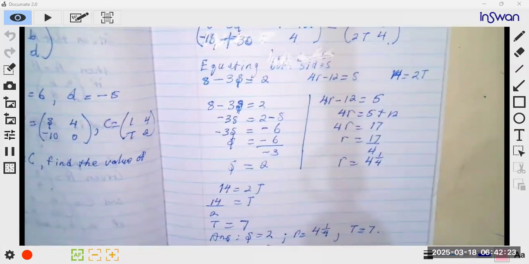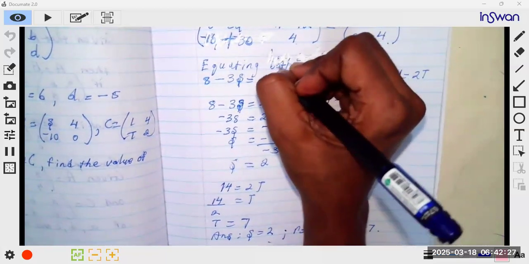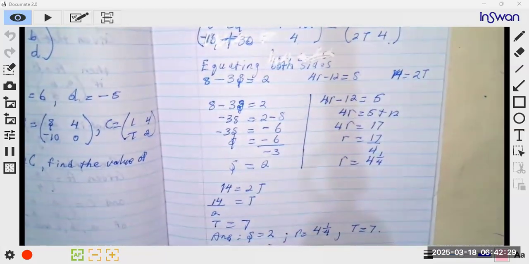And that's what equating is all about. Equal sides, putting one equal to the other. Any questions? Y'all have any questions?